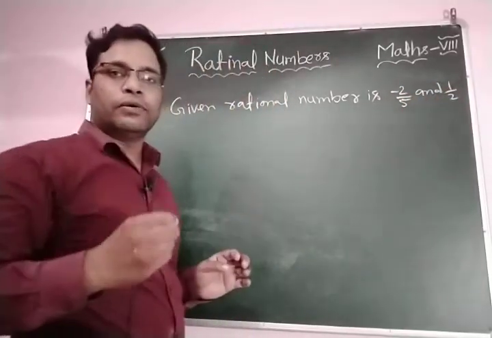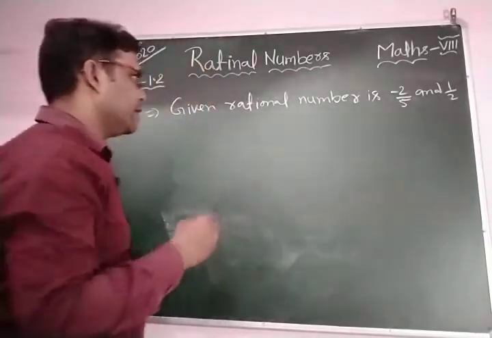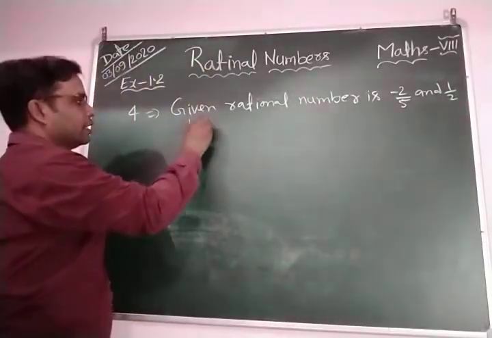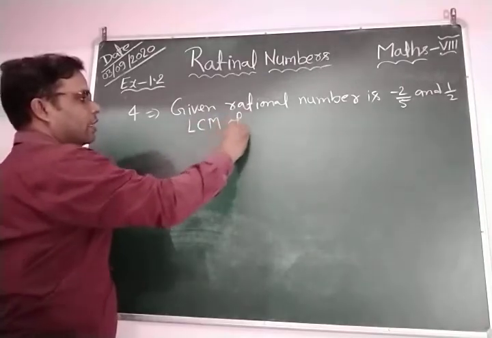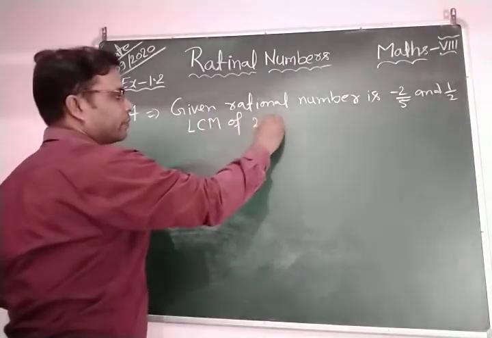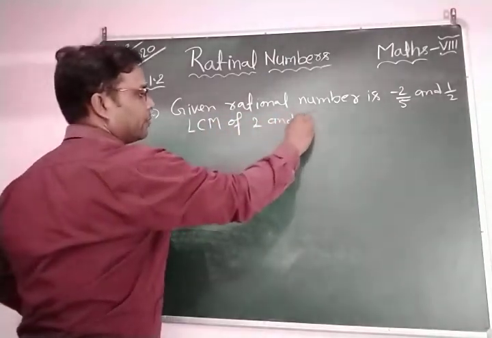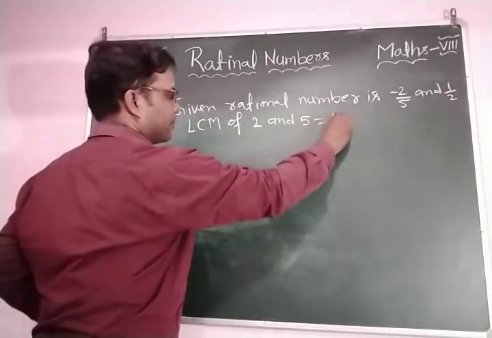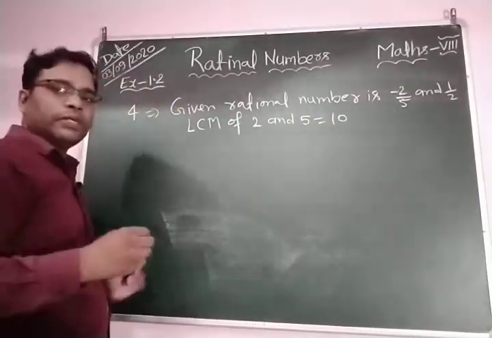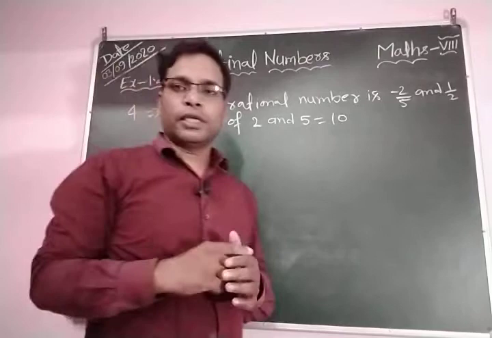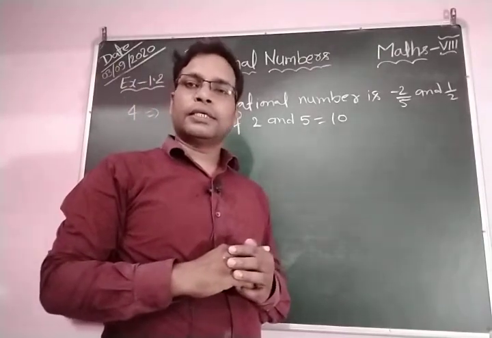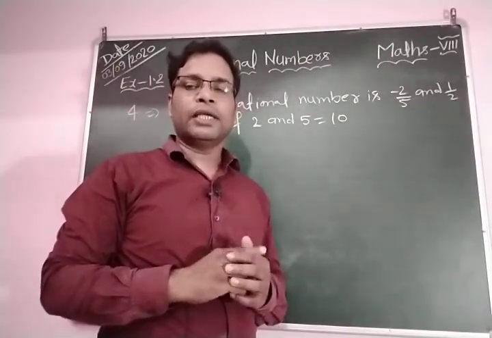Okay, now the LCM of 2 and 5 is equal to 10. Okay, after this we convert both rational numbers into the same denominators, or you can say into like fractions.